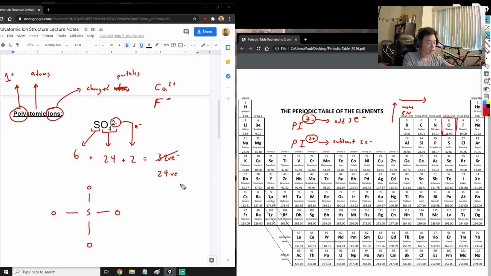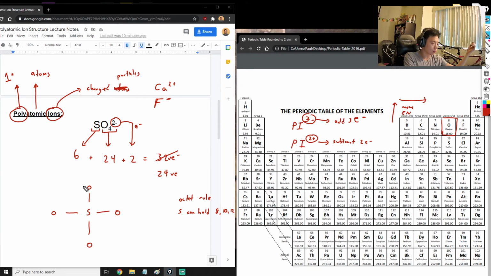Now, we know that oxygen always follows the octet rule. The octet rule tells us that everything needs at least 8. But S is one of the exceptions to the octet rule, and S can hold either 8, 10, or 12. So we need to make sure all the oxygens have 8. But sulfur can hold 8, 10, or 12. We have 24 valence electrons left to use.